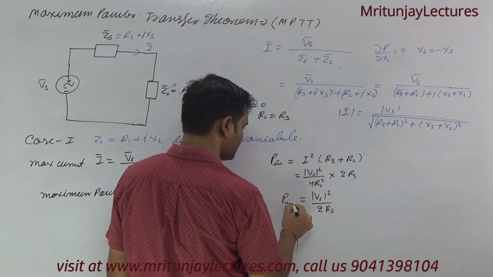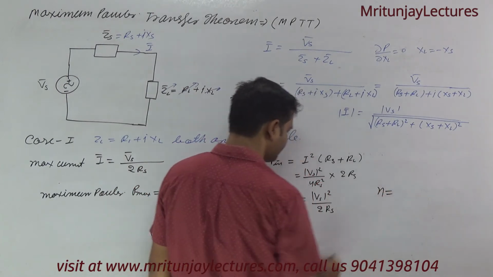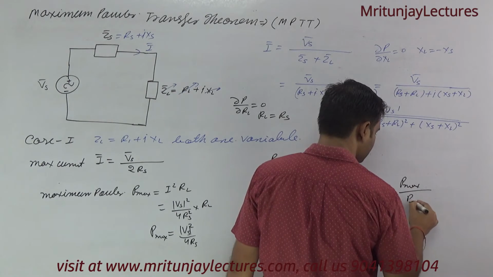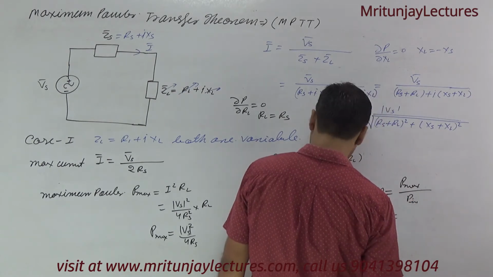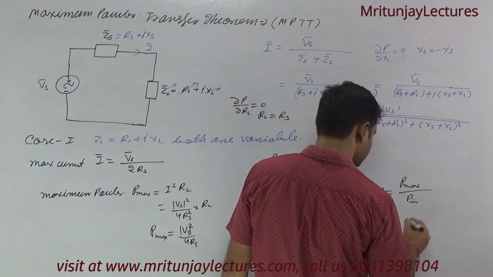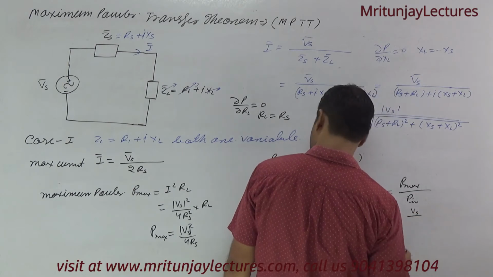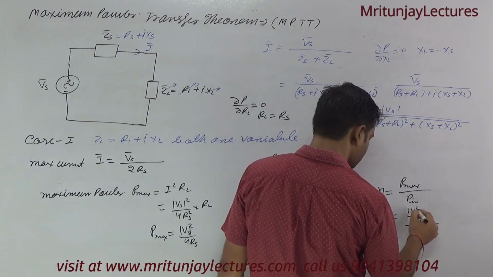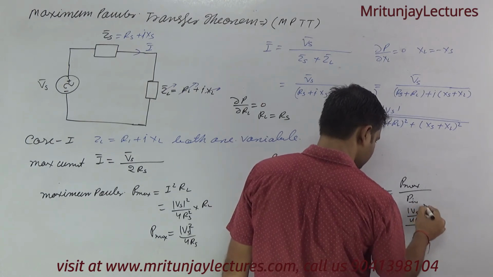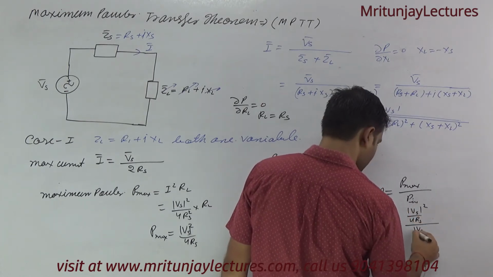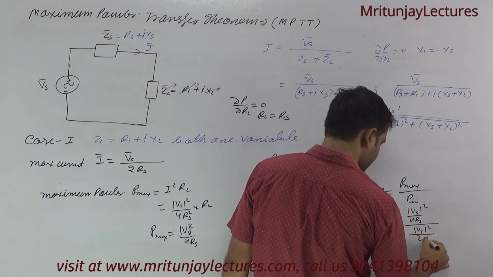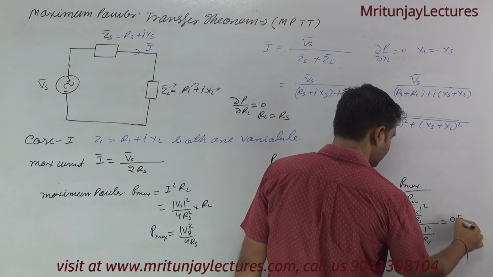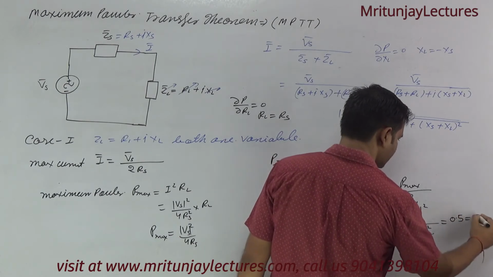So what about efficiency? Pmax divided by Pin: Vs squared divided by 4 RS, divided by Vs squared divided by 2 RS. So that is 0.5, meaning 50%.